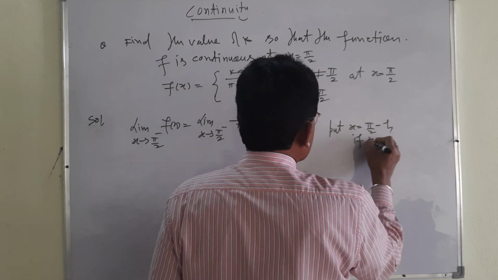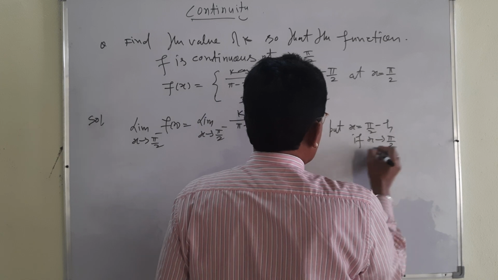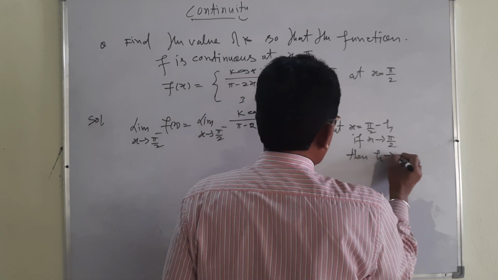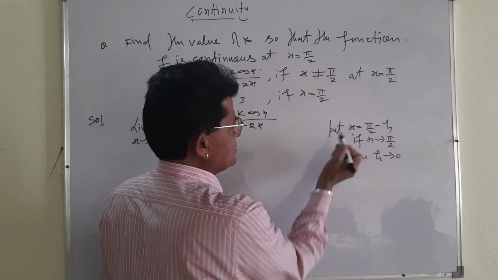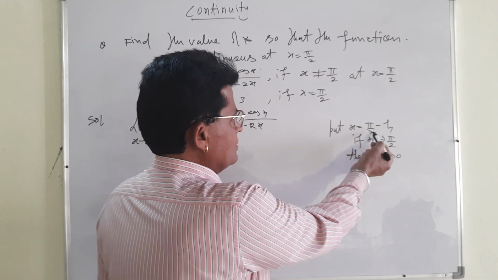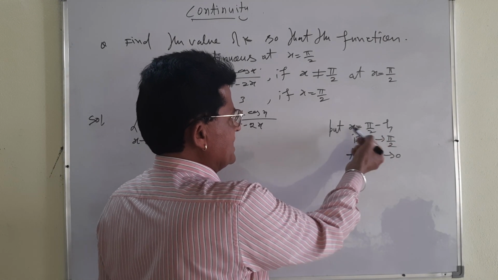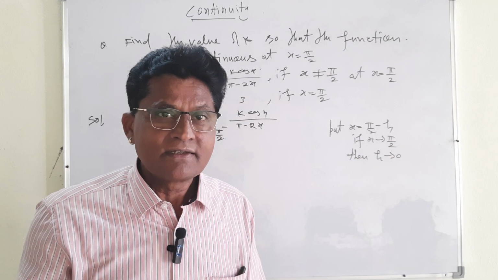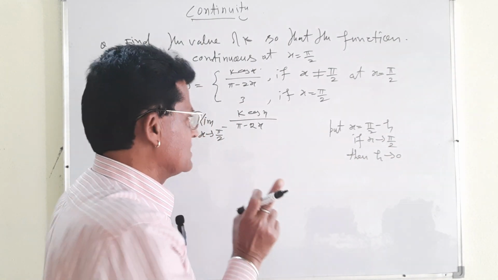If x tends to pi by 2, then what will happen? h tends to 0. In place of x you write pi by 2, and you take this pi by 2 from the right side to the left side. Pi by 2 minus pi by 2 will be 0, so h tends to 0. Try to understand the point.